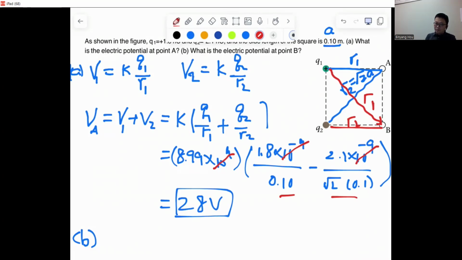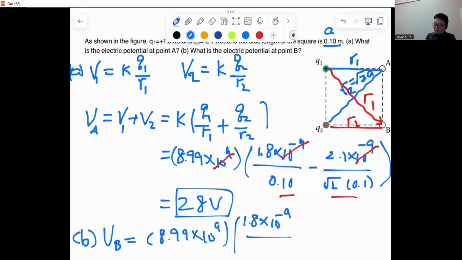Let's just do that quickly. So V at B now will be 8.99 times 10 to the ninth. Again, that will cancel out the 10 to the minus 9 inside the parenthesis, over square root 2 times 0.1, and then minus 2.1, 10 to the minus 9, divided by 0.1.